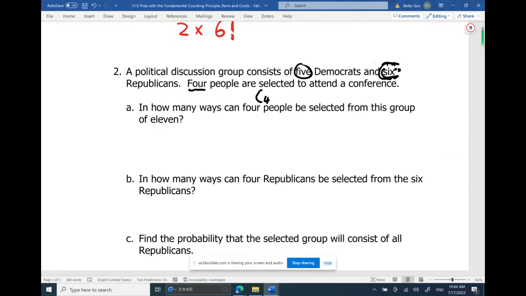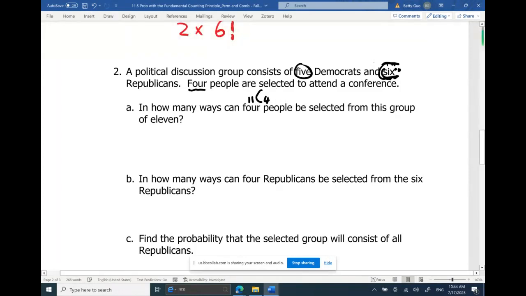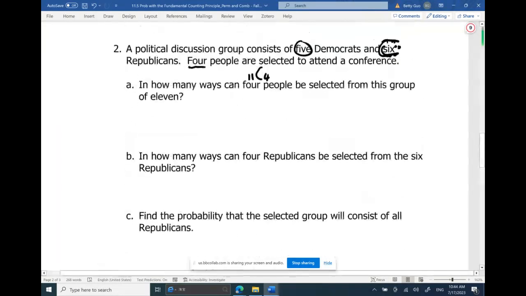Discussion group 5, 6, 11, right? So that would be the total number of ways to complete this task. You can also see the task as an experiment. One of those outcomes will occur every time you process the task. And we are going to find the following 3 probabilities.